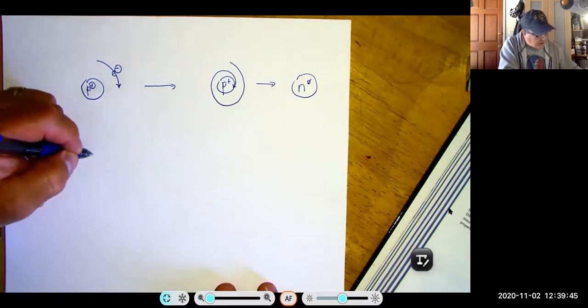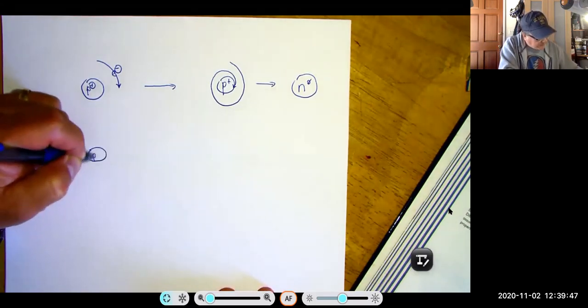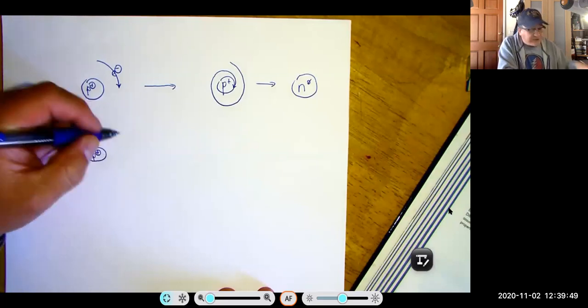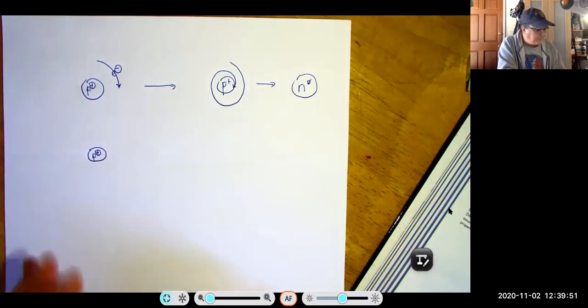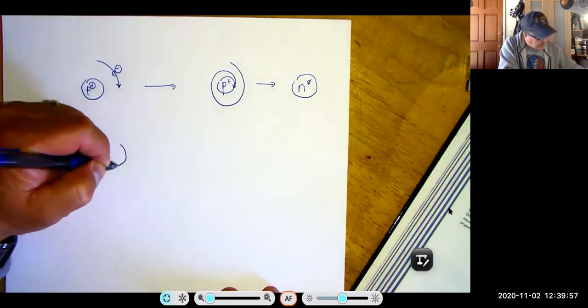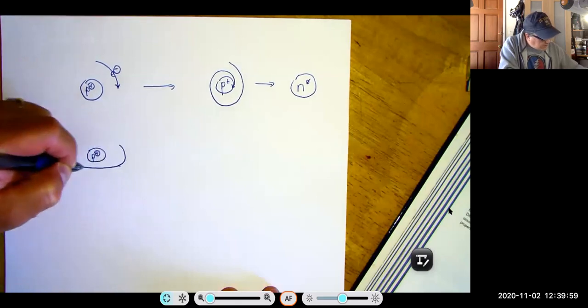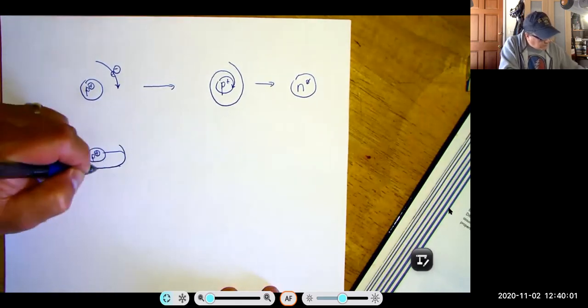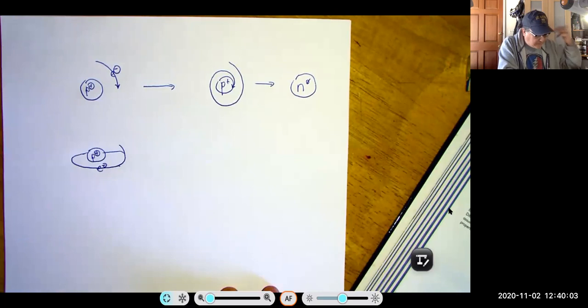Another problem with this model is if you have a proton here, and remember, this is more than just a hydrogen atom. This would be other atoms too, but let's say it is just a hydrogen atom. You have this electron orbiting the atom.